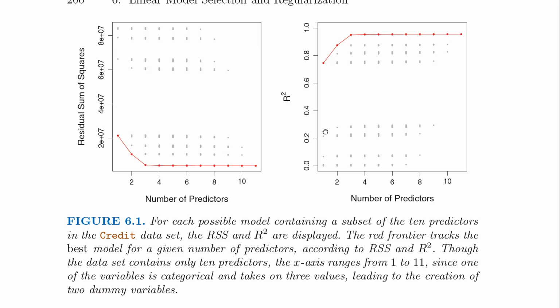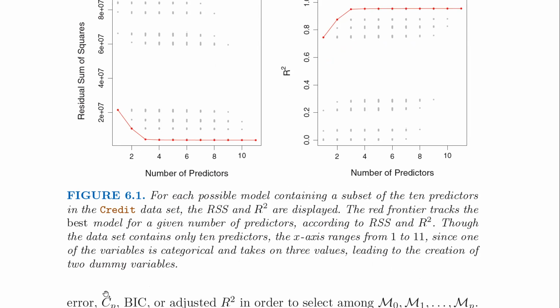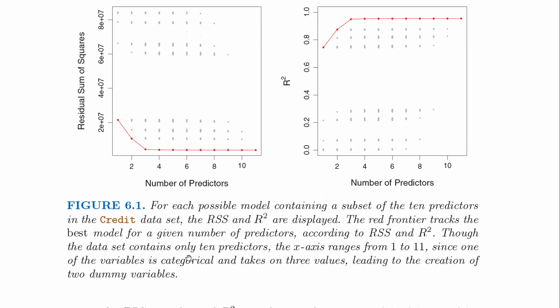R squared you want to maximize. Though the data set contains only 10 predictors, the x-axis ranges from 1 to 11, since one of the variables is categorical and takes on 3 values, leading to the creation of 2 dummy variables. Interesting, right? Do you remember the credit dataset?